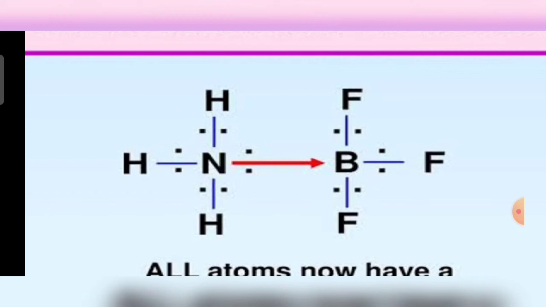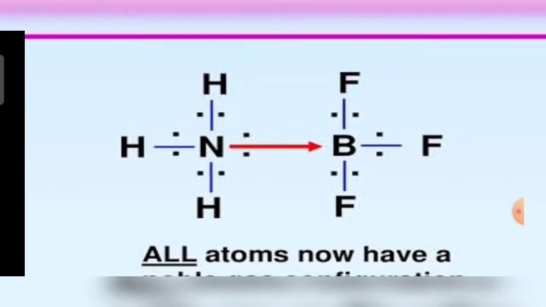These 2 electrons will be donated by nitrogen, because it has a lone pair of electrons. In this way boron will complete its octet by accepting electrons from ammonia, and a coordinate covalent bond will be formed.